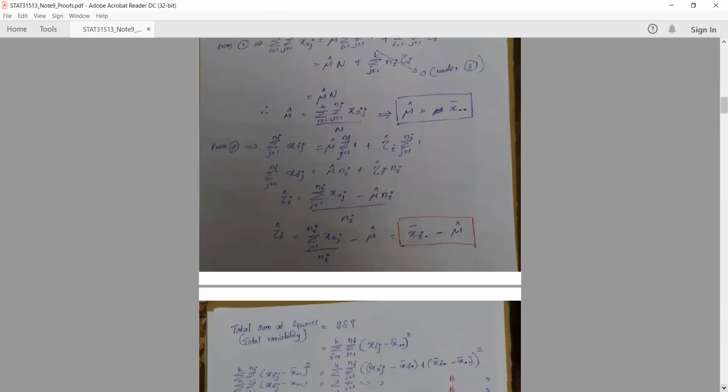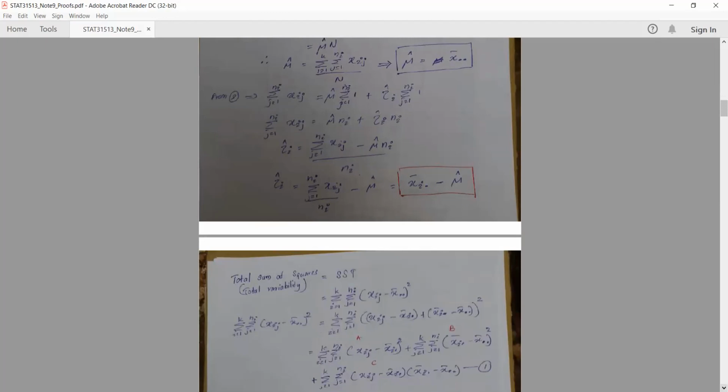So you can use this least square method to estimate the parameters of the completely randomized design. And as I told you, now we are going to use one-way ANOVA to construct the ANOVA table to analyze the completely randomized design.